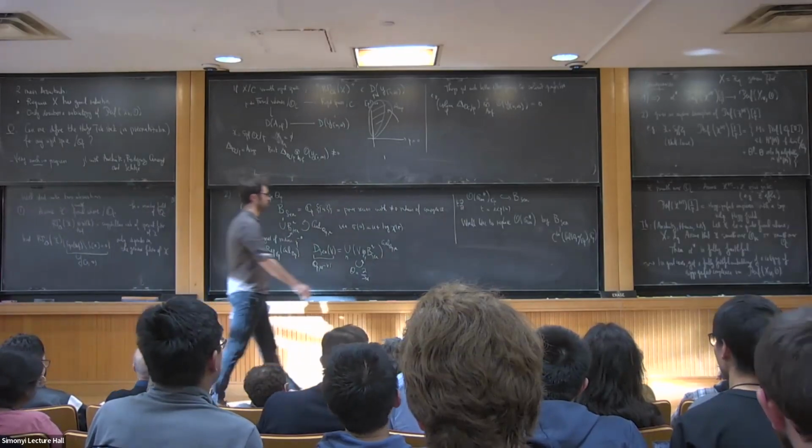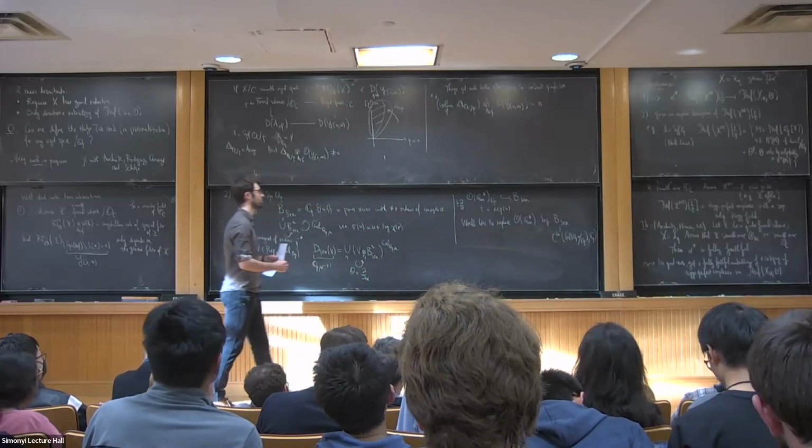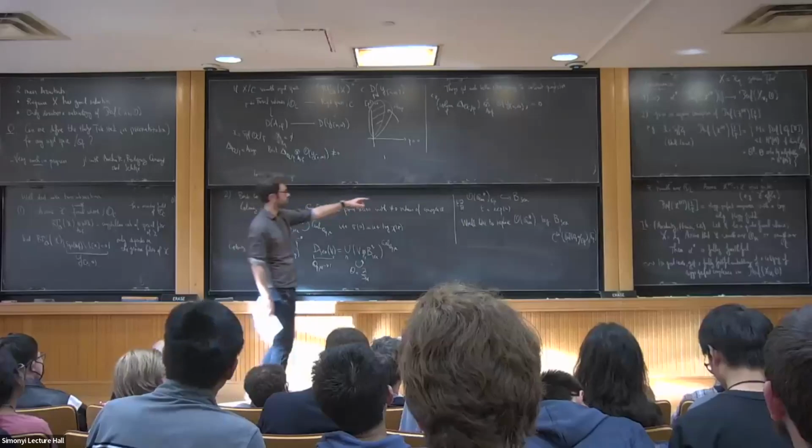So remember that for Z_p itself, for the prismatic Hodge stack of Bhatt-Lurie, it was just given by the classifying stack of G_m sharp.